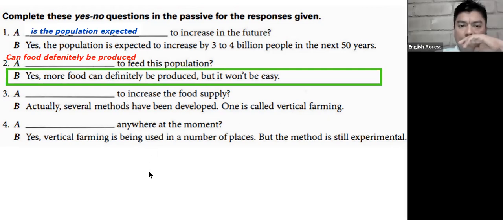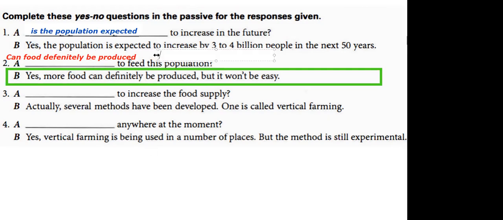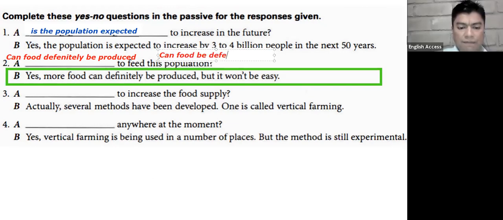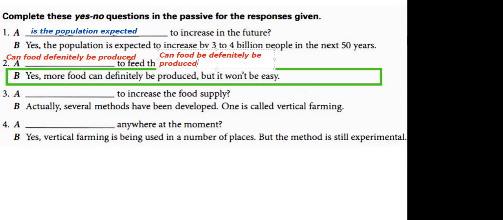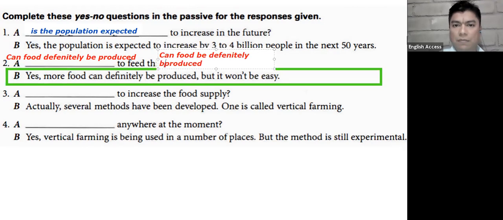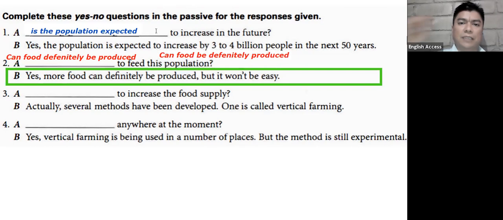Can food be definitely produced? Not only won't be. Can food be definitely produced? No be. Is there another opinion?